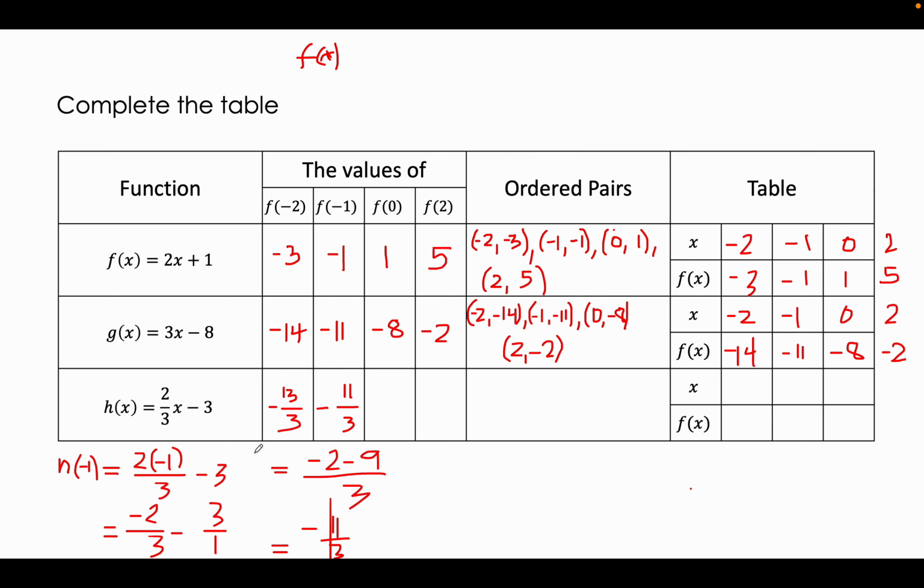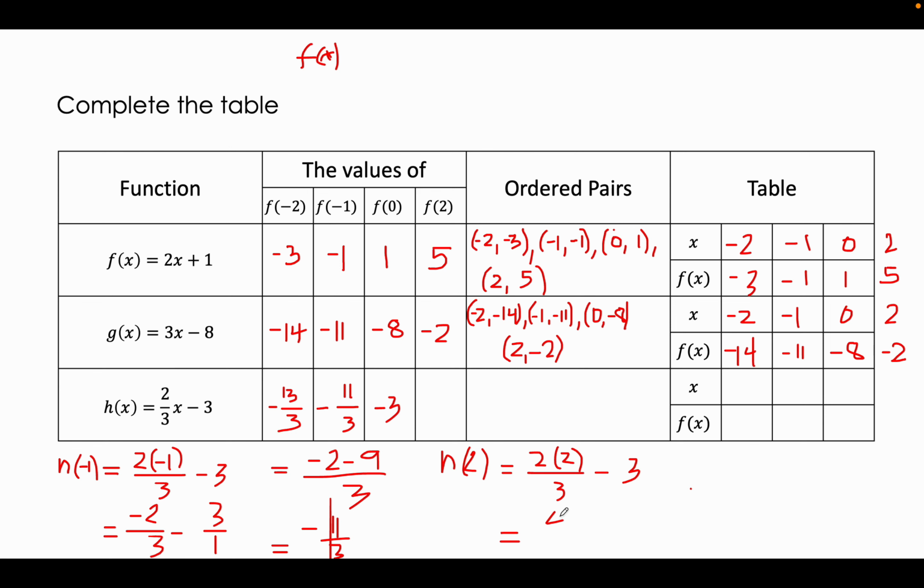Then, if this is 0, well, ito, 0 times 2/3, 0 na siya. So, that means negative 3 automatically. And we have 2 here. So, palitan lang natin to ng 2 dito. H, hindi ko na pinakita yung solution sa 0 kasi madali lang naman yan. H of 2, so we have 2 times 2 over 3 minus 3.